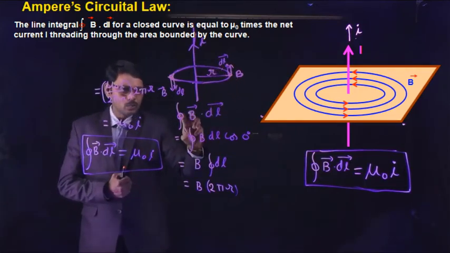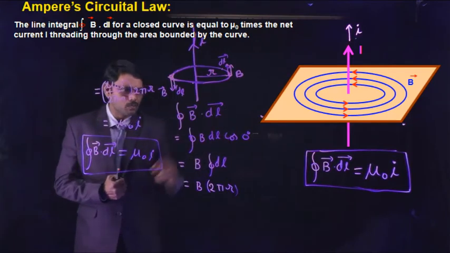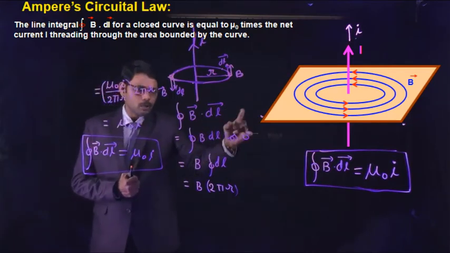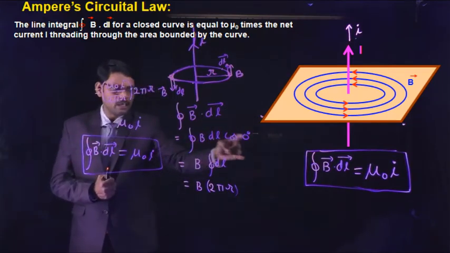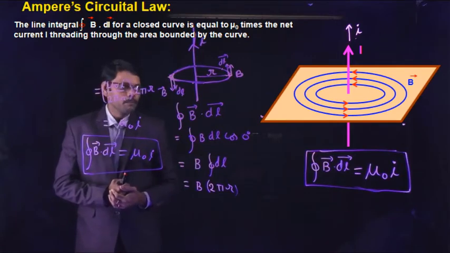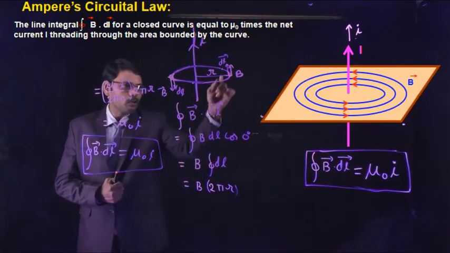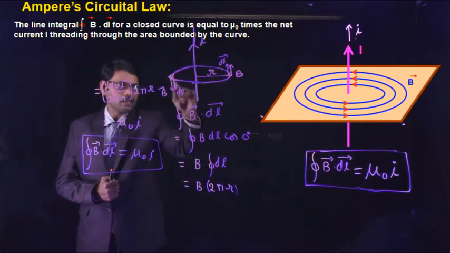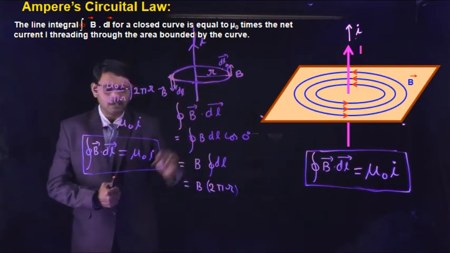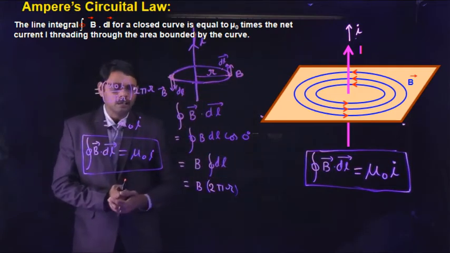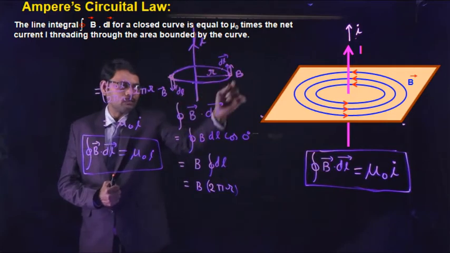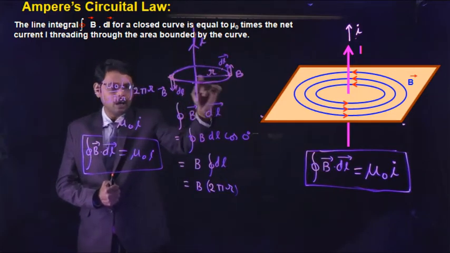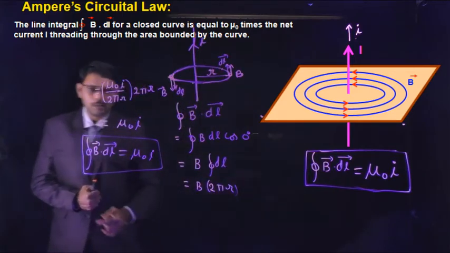By knowing these two, consider the LHS of the equation, integral B bar dot dl bar. The expanded dot product is integral B dl cos 0. Cos 0 is 1, and B is constant in magnitude for each and every point on the loop, so B is outside the integration. B integral dl; integral dl is the total length of the circle of radius r, that is 2 pi r, so B into 2 pi r.